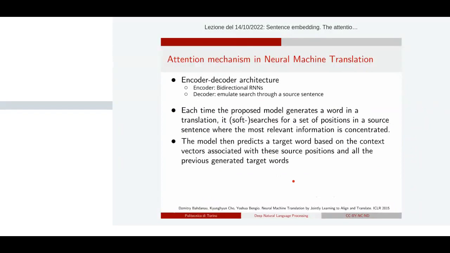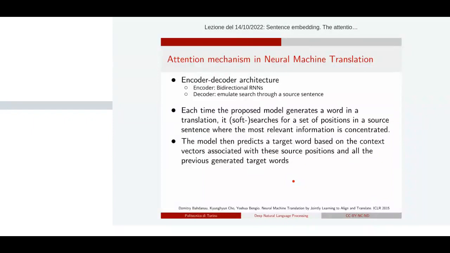So here is the very first application, where the encoder was a bidirectional recurrent neural network, and the decoder emulates a search in a text, the so-called information retrieval task. Given a search query consisting of a set of words, we look at the sources in a collection of documents that are most pertinent to the query.